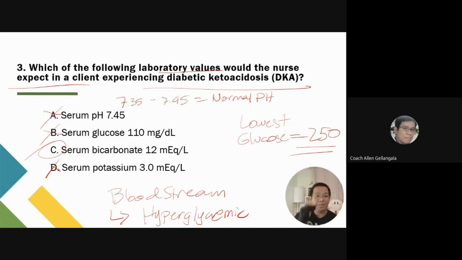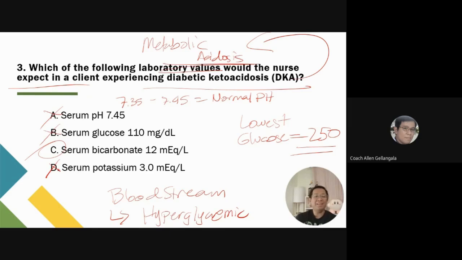Why? Because diabetic ketoacidosis is also a manifestation of metabolic acidosis. And metabolic acidosis is showcased by a significant decrease in your pH, or in your bicarbonate.